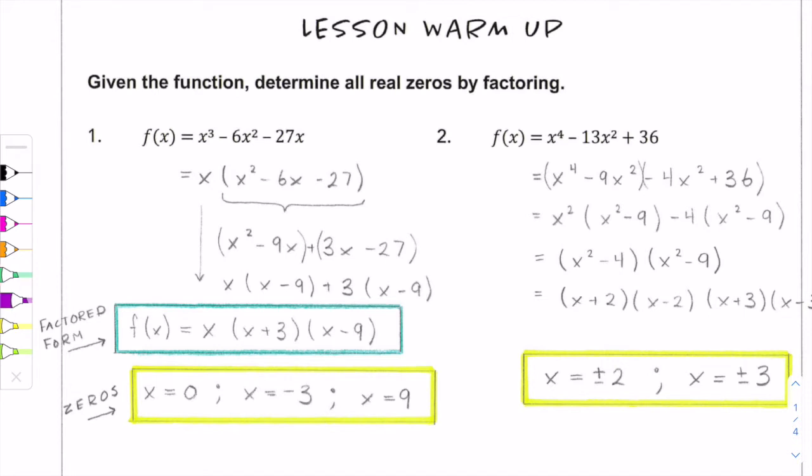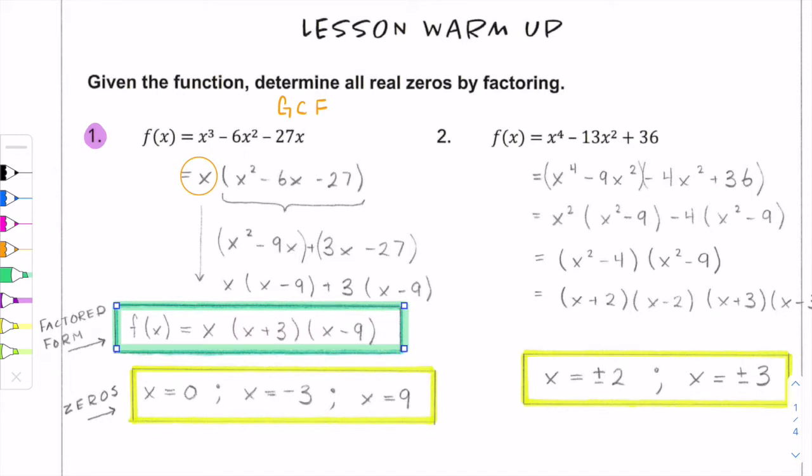the first one here. So for number 1, we have f of x is equal to x cubed minus 6x squared minus 27. Don't forget that you always check for a GCF, of which number 1 has. So you take out the GCF, you factor, you end up with what we call the factored form. So be very careful, understand the difference.